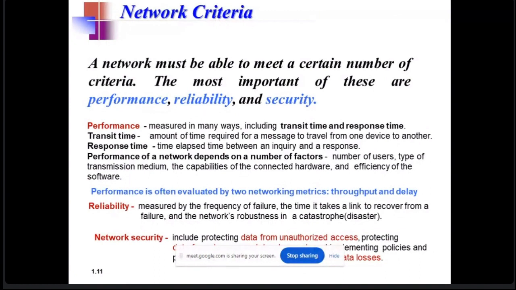So the first and most major problem is security. Nowadays, it plays a major role because every network is already created. No need to think about the network. Now we have to think about the security: how our data will be safeguarded from other unauthorized persons.